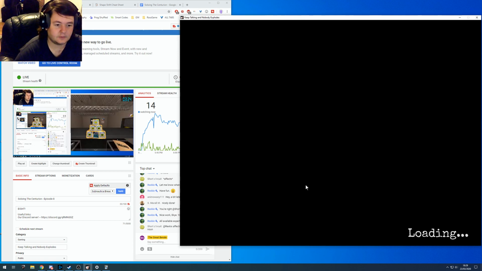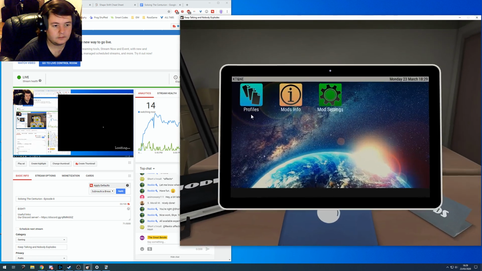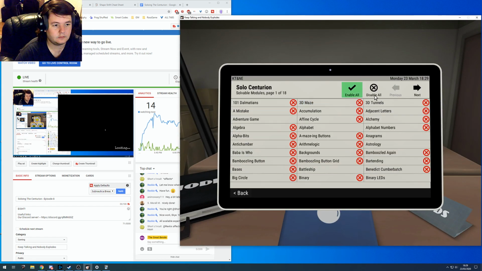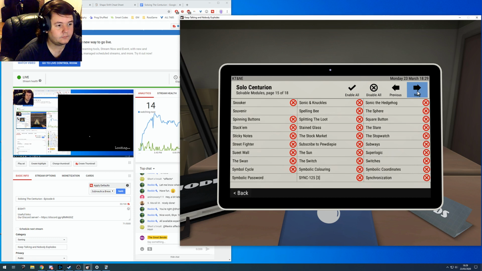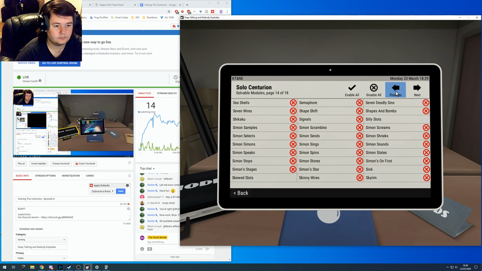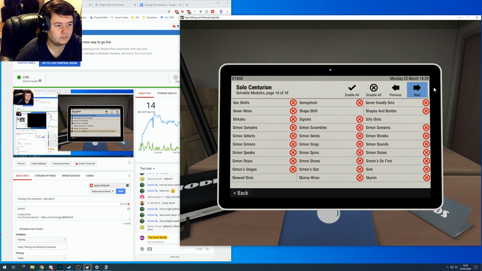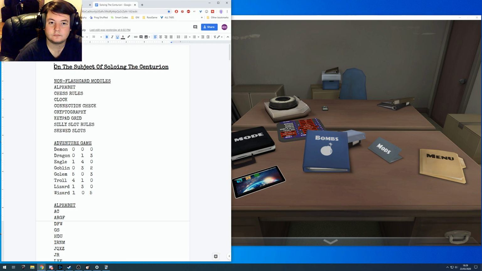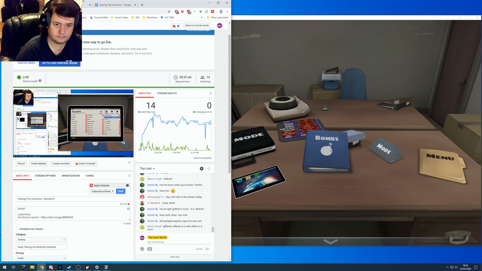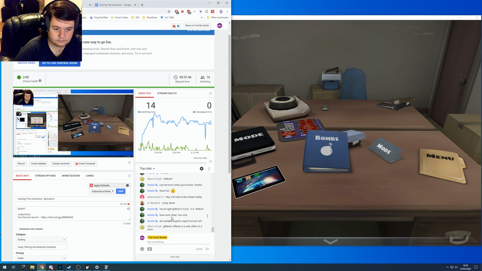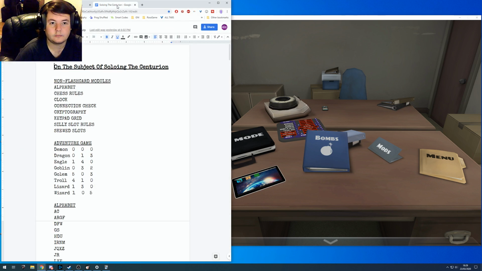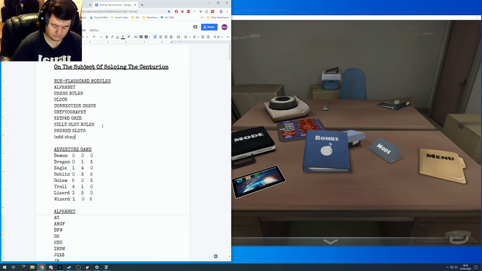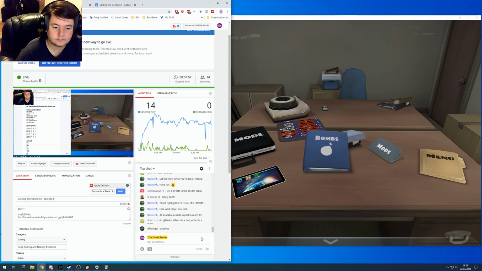Okay, shapeshift is going on the profile. Fantastic. All right. Progress.